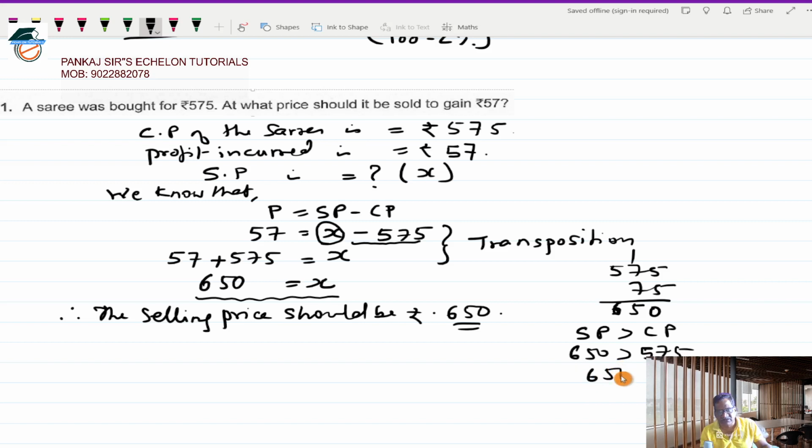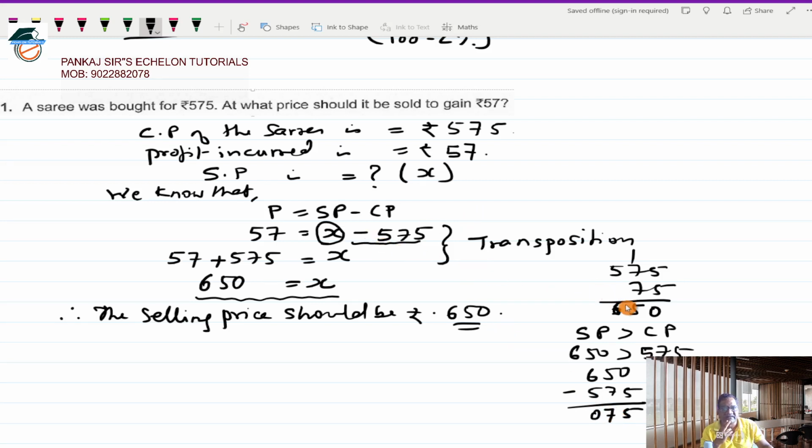So if you do this selling price minus cost price, you should get the answer for the profit. So 10 minus 5 is 5, and then 14 minus 7 is 7. And then 5 minus 5 is 0. So you are getting, okay, there is some mistake somewhere. 57 plus 575.